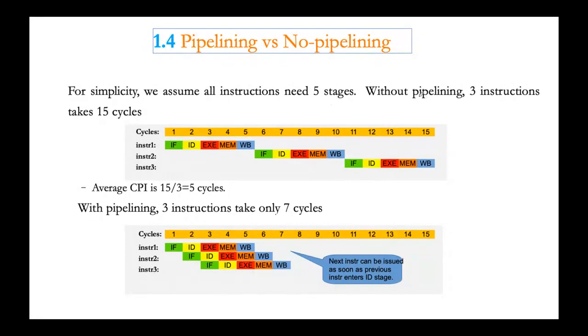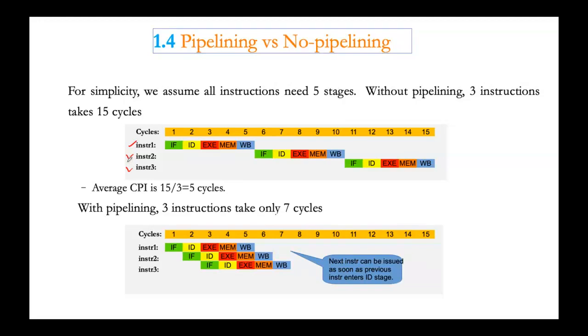Without pipelining, that means no overlapping. Consider this bar as cycles, and consider there are 3 instructions: instruction 1, instruction 2, and instruction 3.